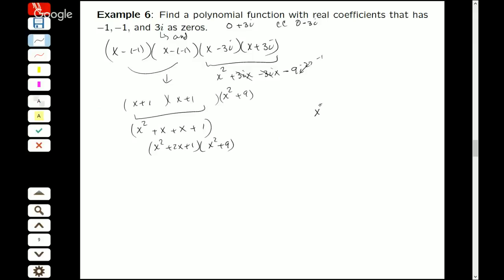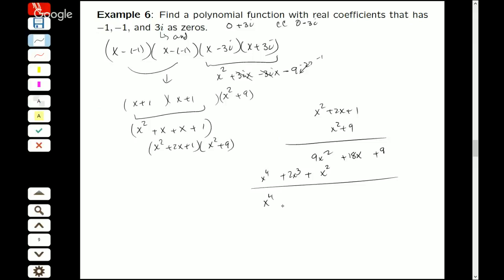Forgive me, I like multiplying these this way. So I have 9 times 1 is 9, 9 times 2 is an 18x, and then a 9x squared. Then I get 1x squared, 2x cubed, and an x to the 4th. It lines everything up for me to add.